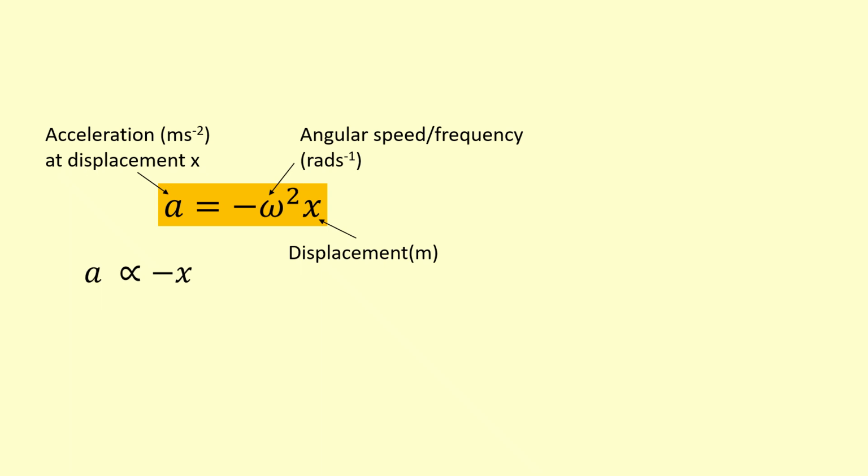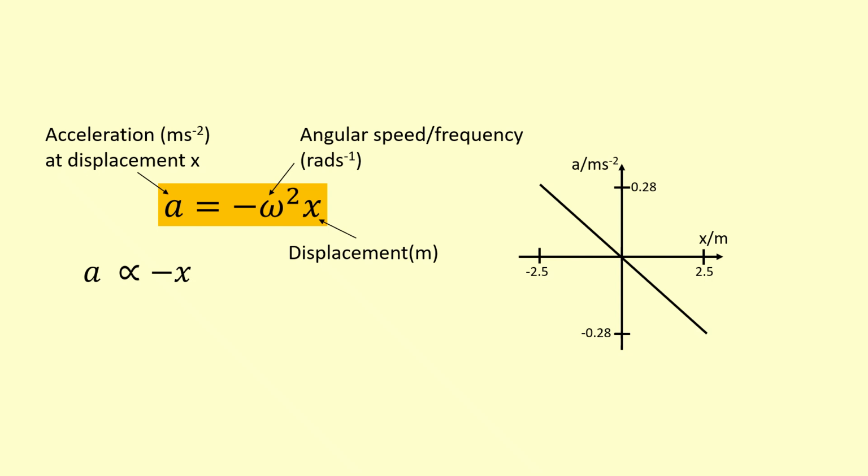And if we plot this as a graph, acceleration against displacement, we get a straight line that goes through the origin like this, with a negative gradient as well. From this graph, we can find the biggest displacement, in other words the amplitude, by reading off the biggest x value there. We can get plus or minus 2.5 meters. And at the biggest displacement, when it's displaced the most from the equilibrium, we get the biggest acceleration as well.